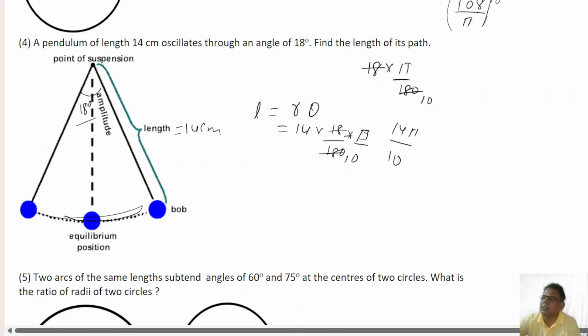So that is the length of the path, in centimeters. If you multiply 14 into 3.14 divided by 10, it will be approximately 4.4 centimeters.